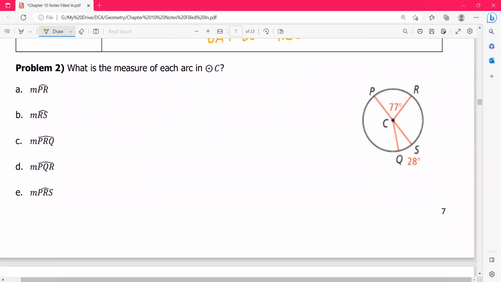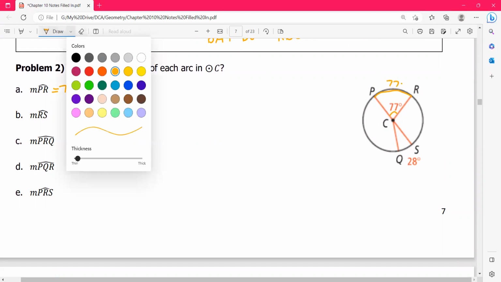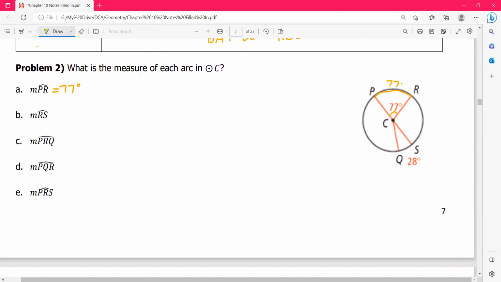Problem 2, what is the measure of each arc in circle C? Okay, so PR. Well, the central angle is 77, so I know PR is 77. RS. Once I see RS, I notice I have a diameter here. So I'm going to do 180 minus 77, and that is going to give me RS, which is 103 degrees.